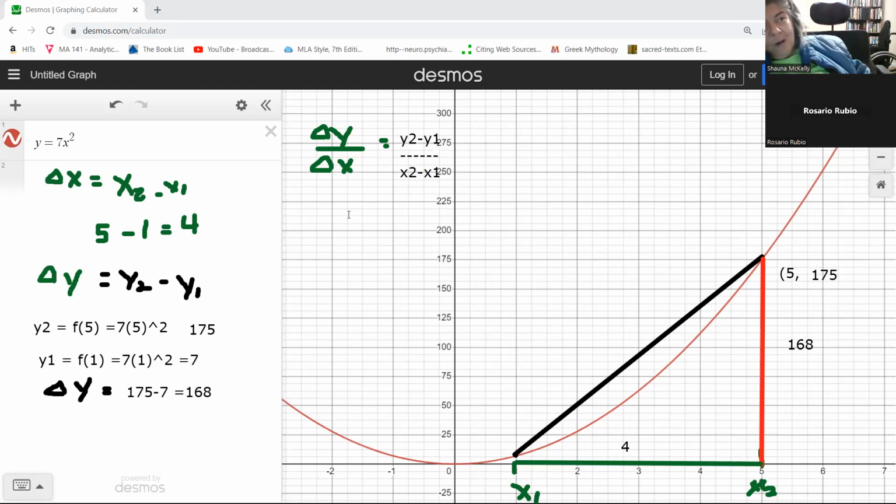What are you finding here? No, you're finding the slope of that line, aren't you? Because isn't slope the change in Y over the change in X? Let me write that down. That's a slope. Yeah, that's the slope.